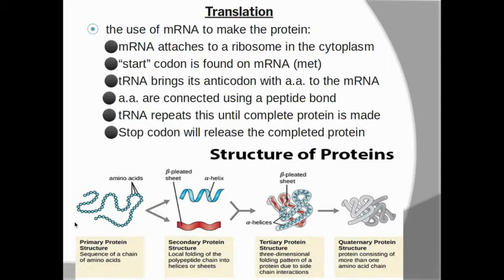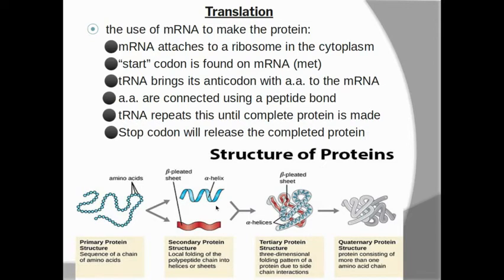There are 4 levels of structure within a protein. You have its primary structure, which is the order of the amino acids. And that amino acid order can bend and curve and twist. We name that secondary protein structure. This is small waves or folds in the chain.